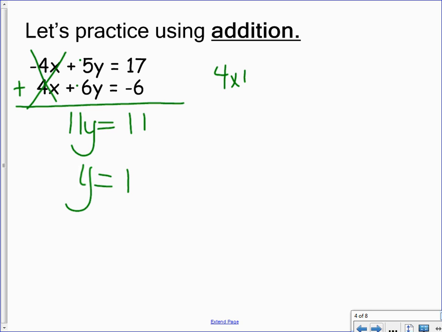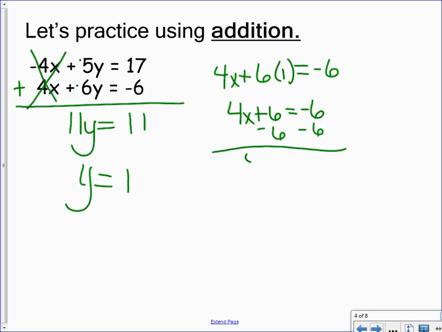Okay? Let's plug it into the second one. 4x plus 6 times 1 equals negative 6. 4x plus 6 equals negative 6. Subtract 6 from both sides. 4x equals negative 12. X equals negative 3.